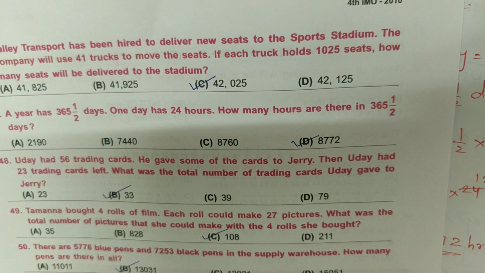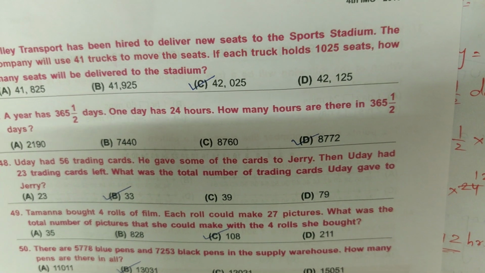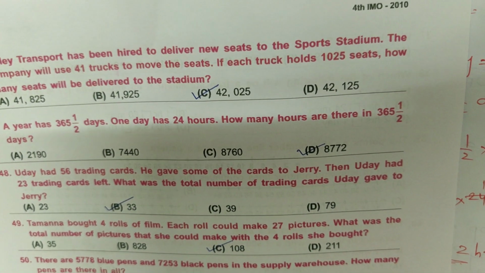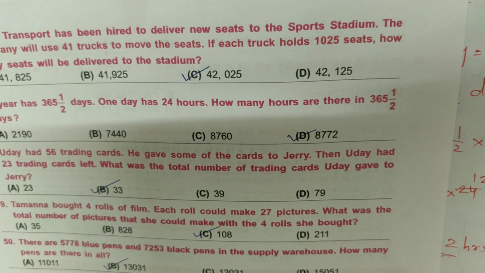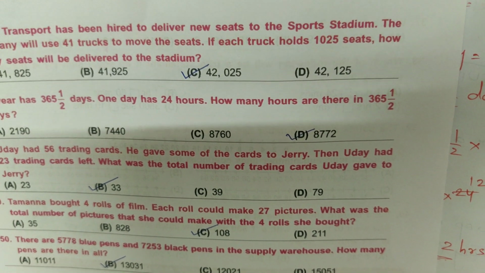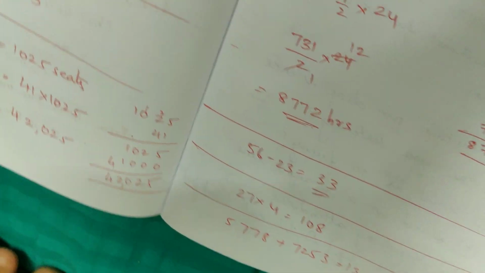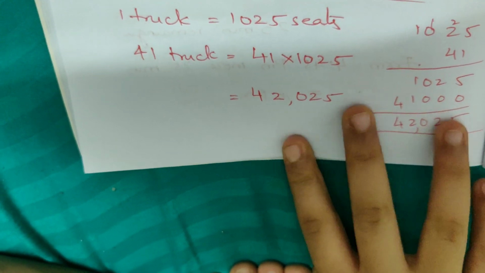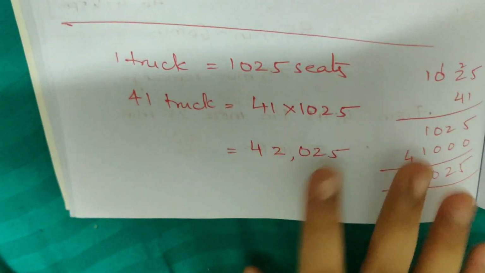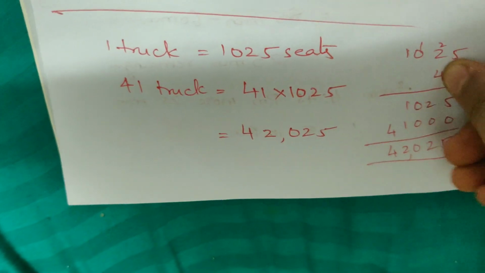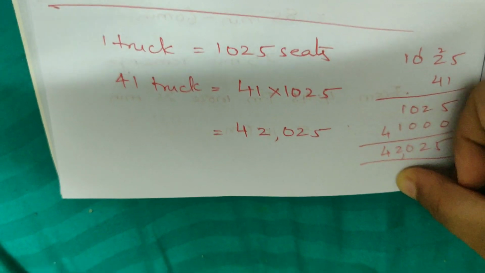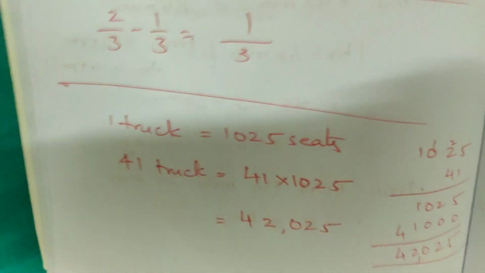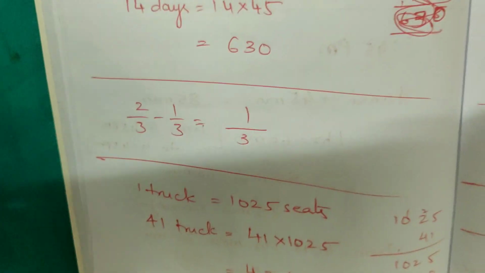It's just 41 into 1,025, and if we multiply them, it becomes 42,025. Like it's shown. So it's like a story problem, but this is the answer. Right here we have this multiplication sum, and we have that answer.